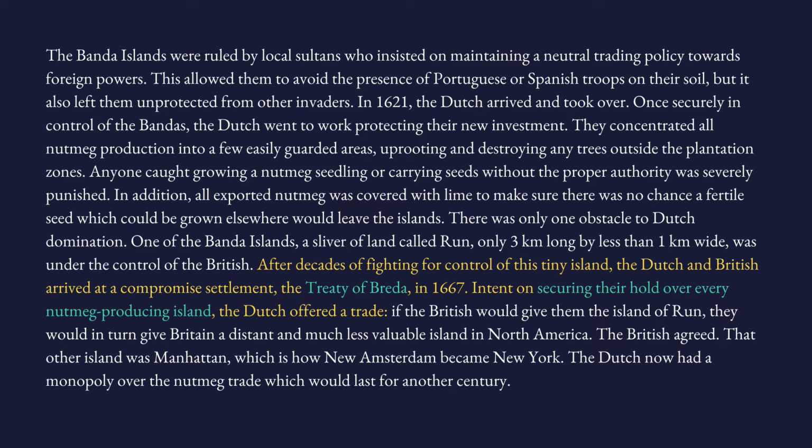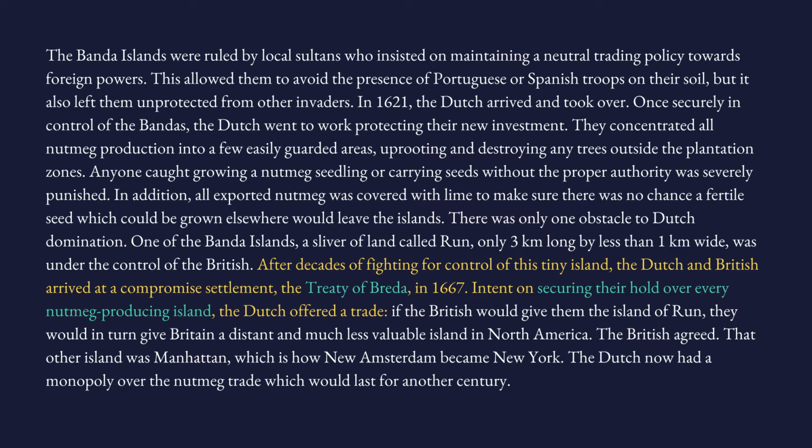Let's read these two sentences. After decades of fighting for control of this tiny island, the Dutch and British, so basically the Dutch and British were fighting over this island, arrived at a compromise settlement, the Treaty of Breda. That's the name. Fine. Who has the control? Let's find out. Intent on securing their hold over every nutmeg producing island, the Dutch offered a trade.